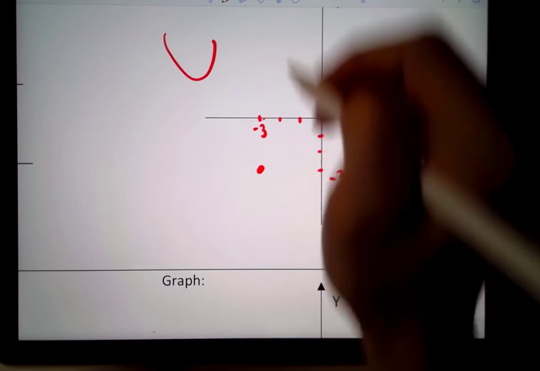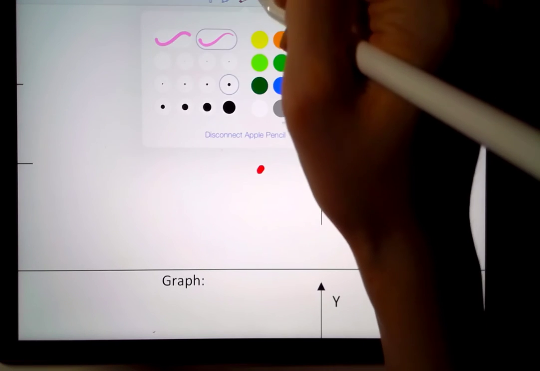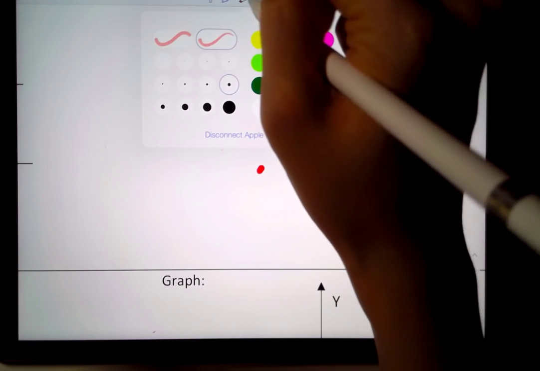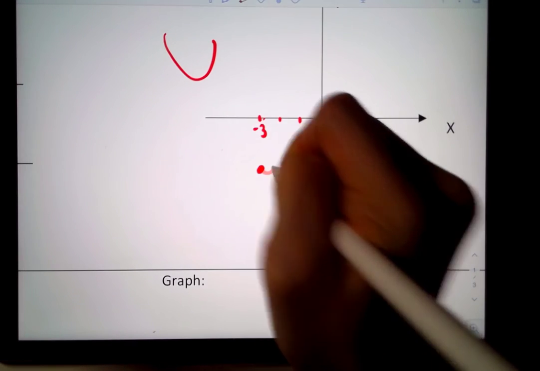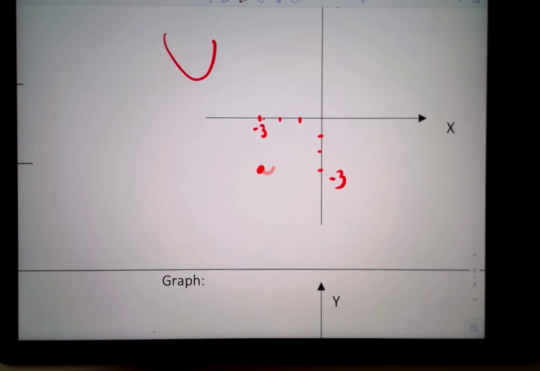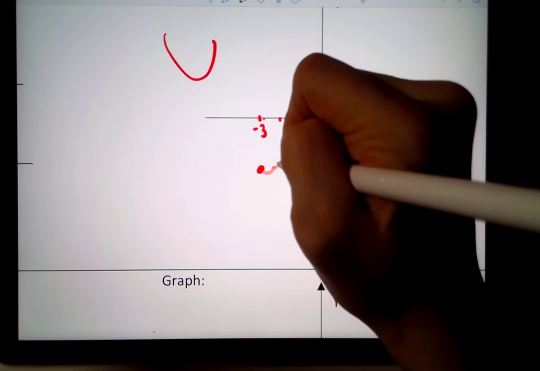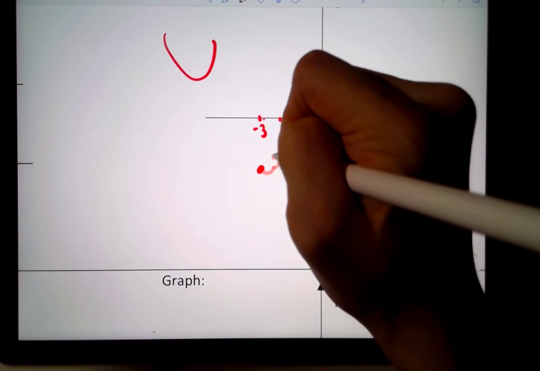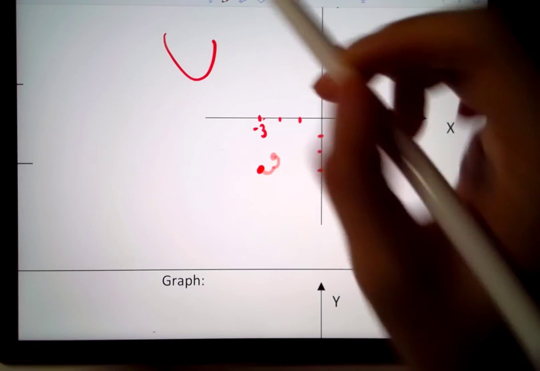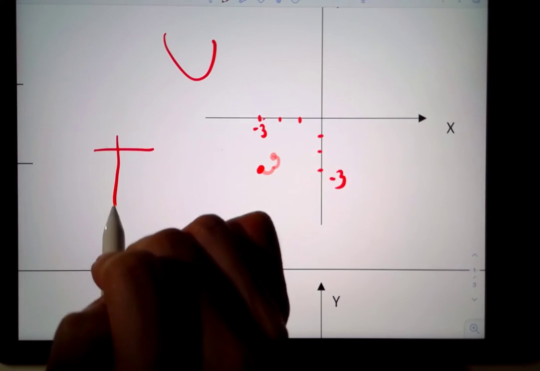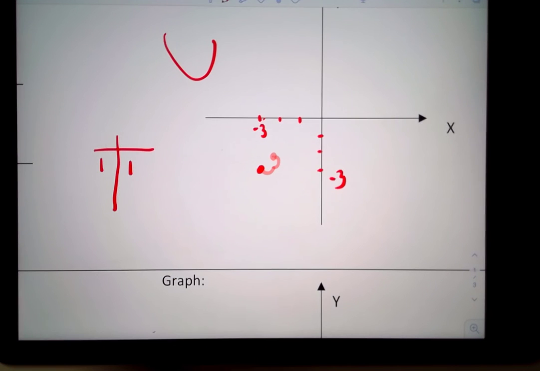So from here, you move 1 to the right, then you go up 1, okay? Like this. 1 right and 1 up. So I'm gonna write it here. 1 right, then 1 up.